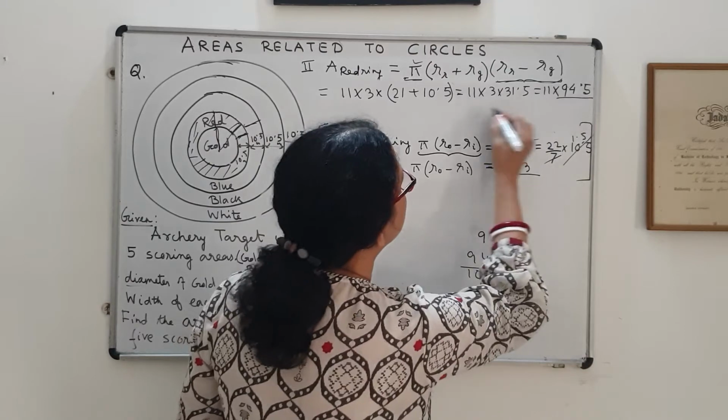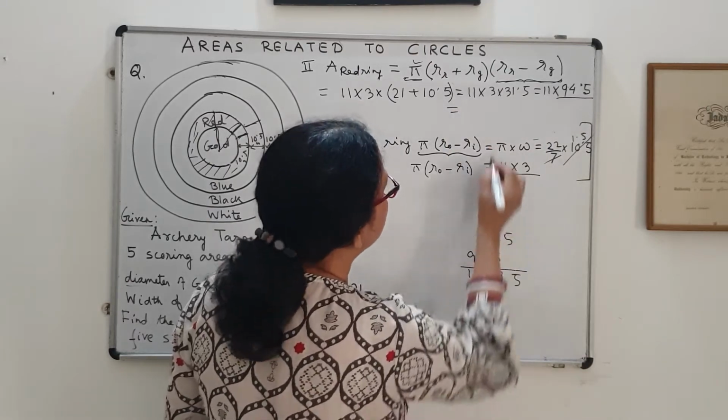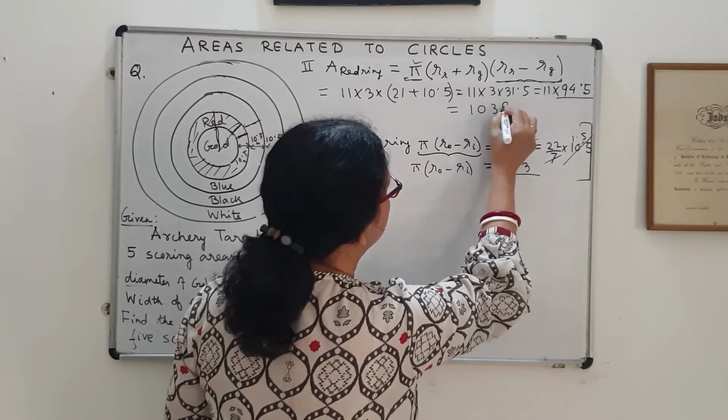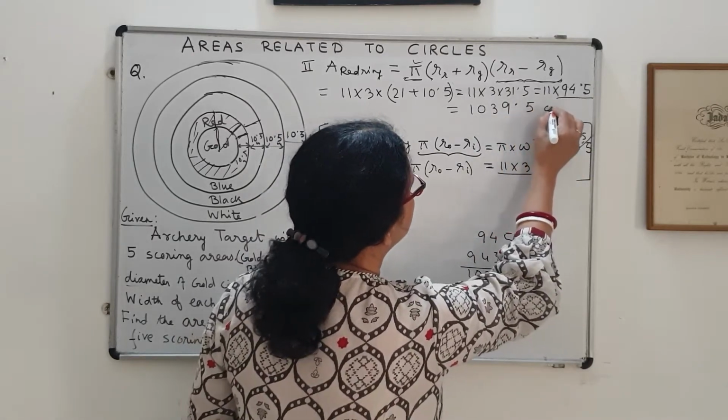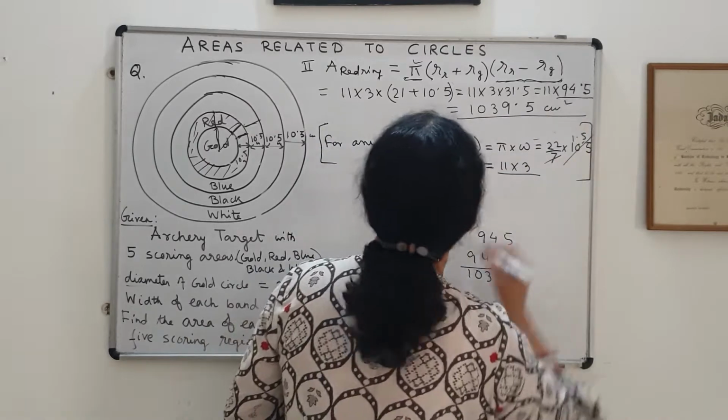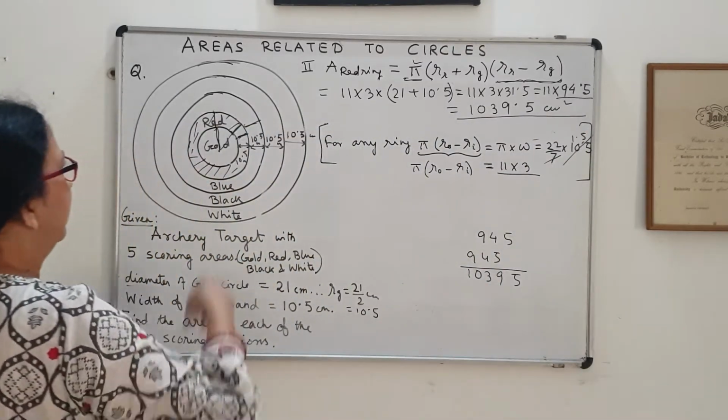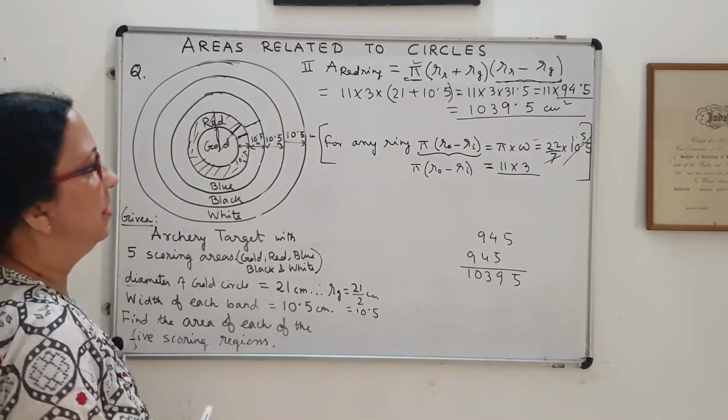Because of the decimal point, it becomes 1039.5 centimeter square. So this is the area of the red ring, the second scoring region.